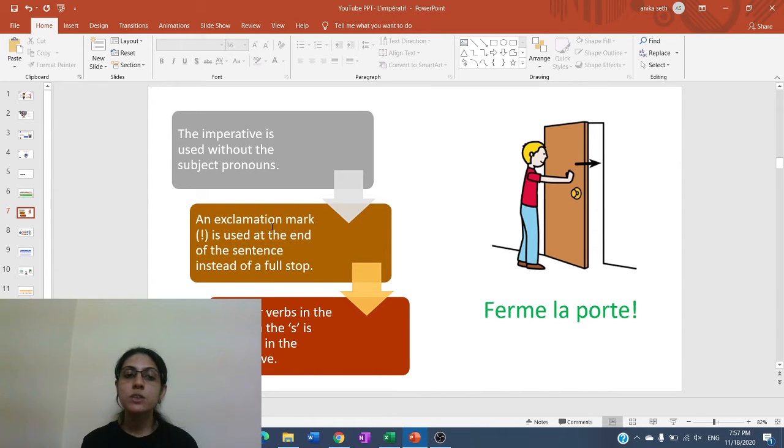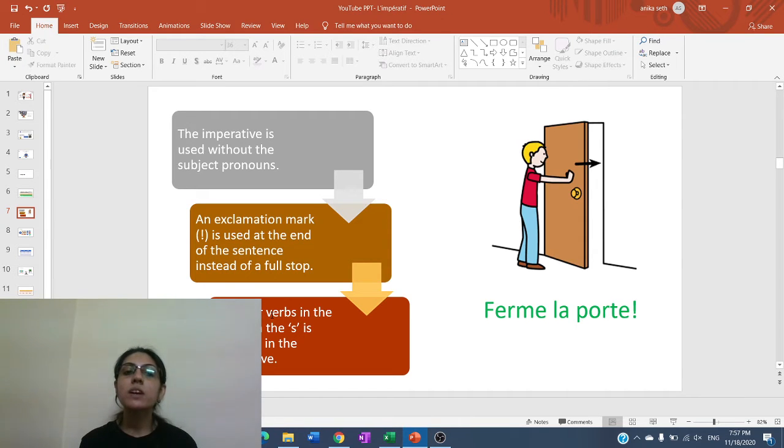Then third thing over here, with ER verbs in the tu form, the S is dropped in the imperative. What does that mean? In the case of ER verbs, we know that in the tu form with the subject pronoun tu, the verb ends with S, because the ending of ER verbs with tu is ES.